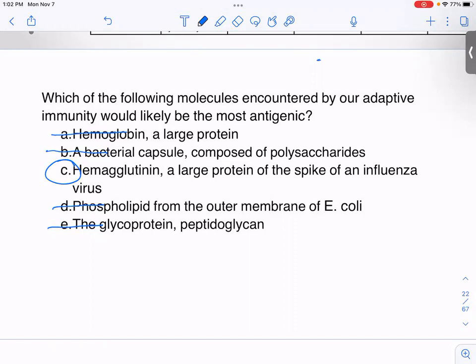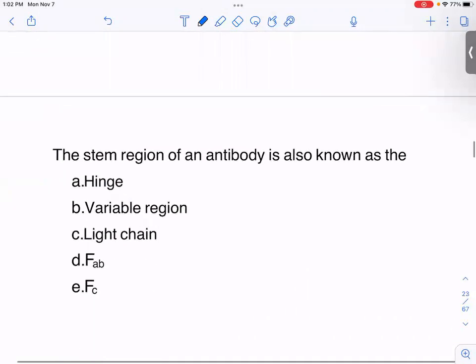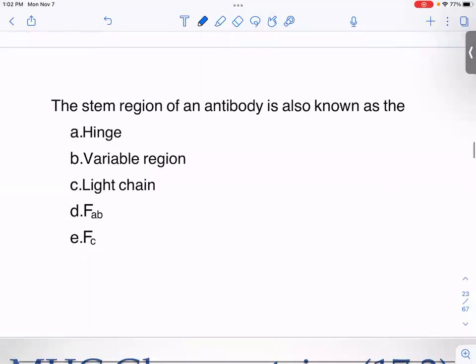All right. Another question that's a little bit more straightforward. We talked about the structure of the antibody. So as you're studying, maybe sometimes just say, okay, we talked about the structure, can I draw it out and see if I know the parts of the antibody? The stem region, remember, that's the portion that there's 5 different variations of.